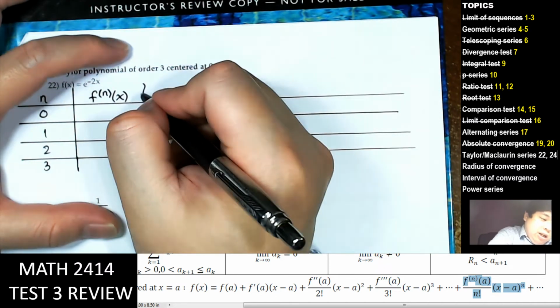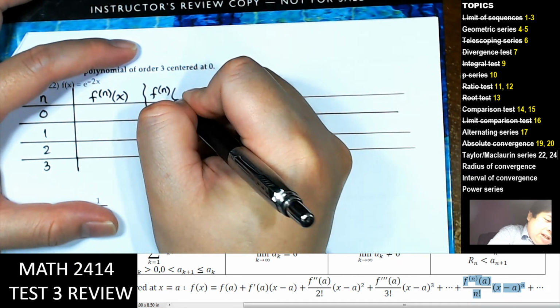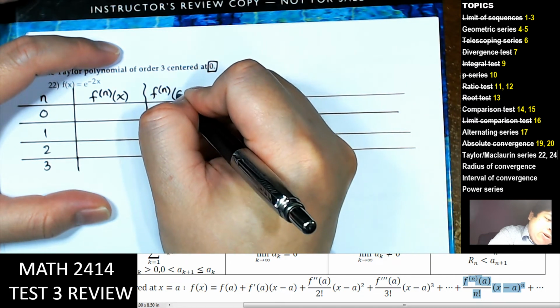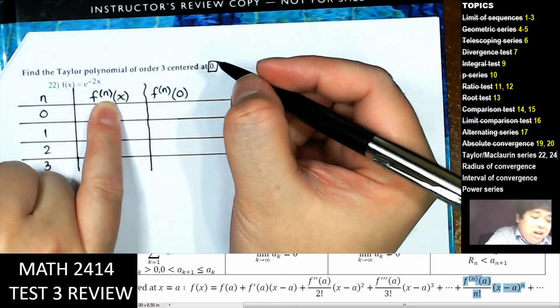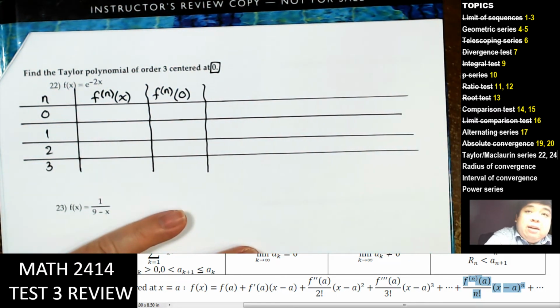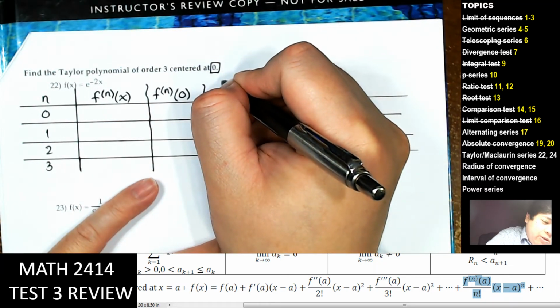After that, we do f and derivative at the point a. In this case, a is 0. So derivative in general with x, and then derivative at 0. And after that, we're going to divide by n factorial.